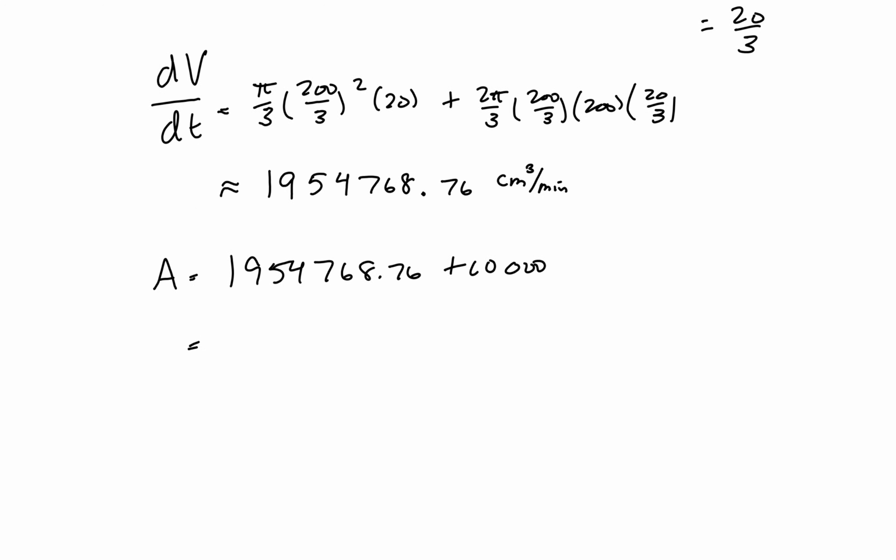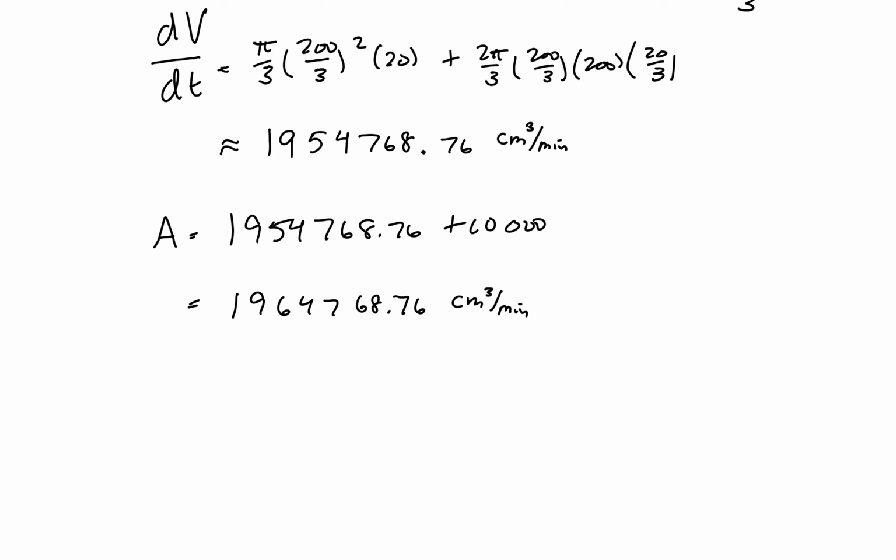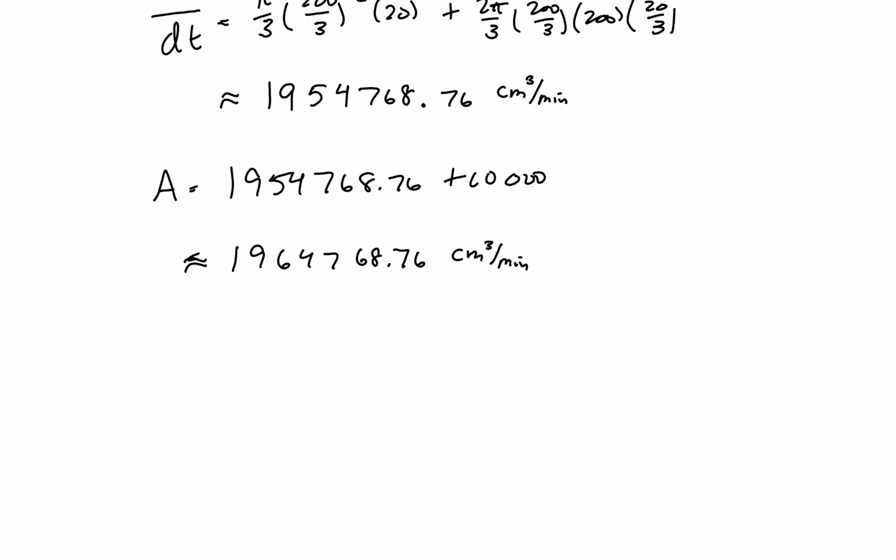So this is 1964768.76 centimeters cubed per minute, and these are approximates. Or if we want to put this so it doesn't look so gigantic, we can change it into meters.